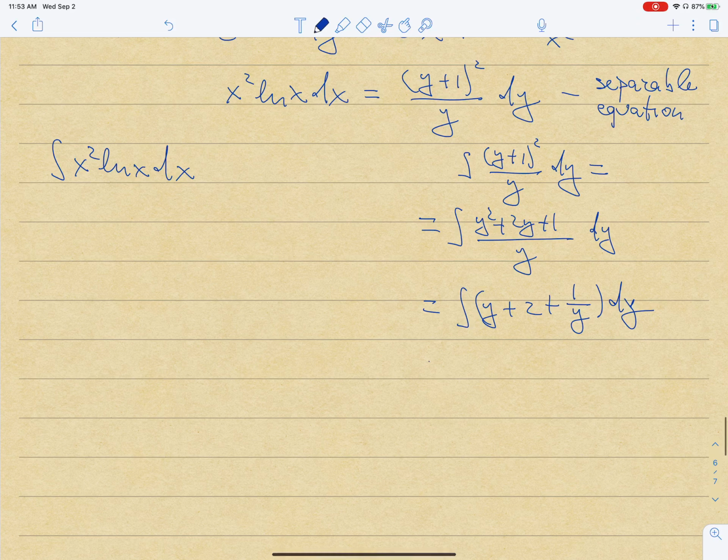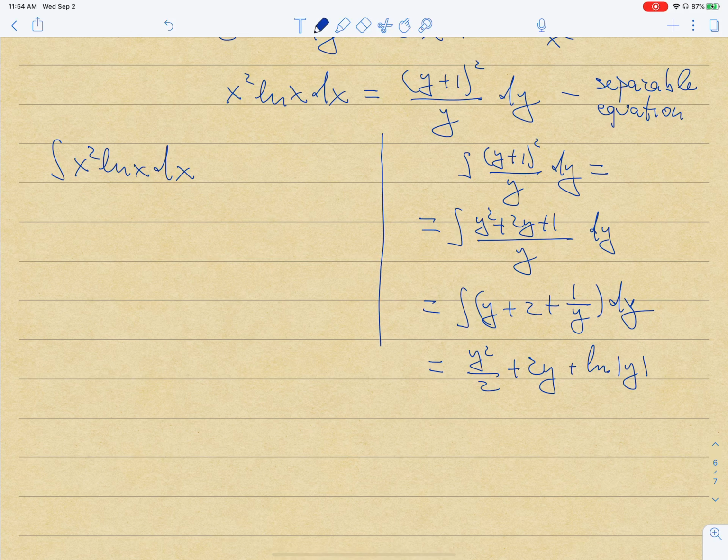Then this is rather simple: the integral of y is y squared over 2, the integral of 2 is 2y, and the integral of 1 over y is ln of the absolute value of y. I'm not writing any c's because I'll put c with x.